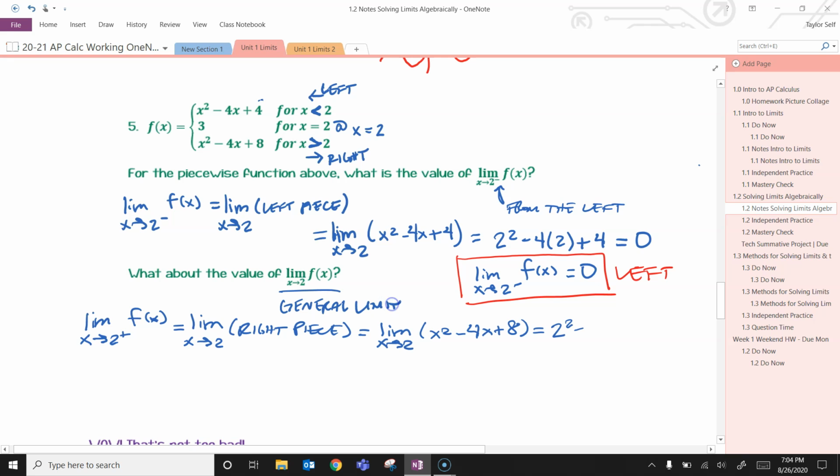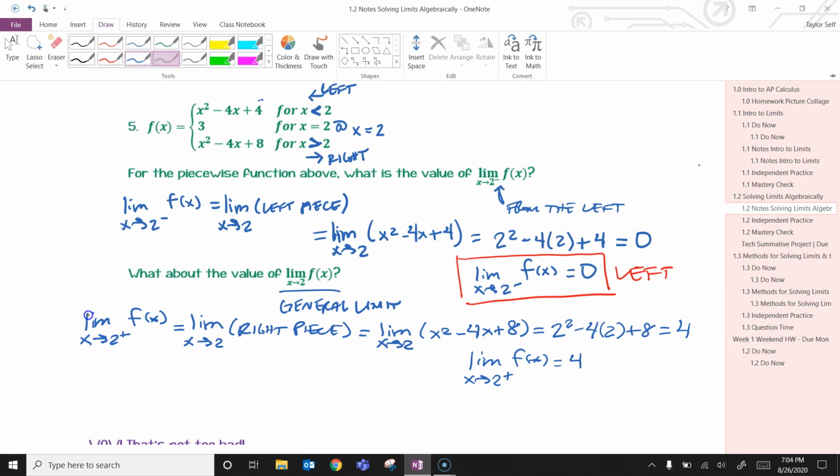We get 2 squared minus 4 times 2 plus 8, which gives me 4. So the limit as x approaches 2 from the right of f of x equals 4. That's what we just found.